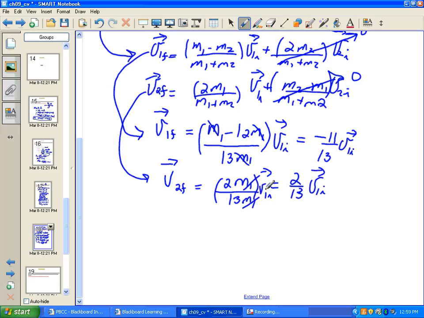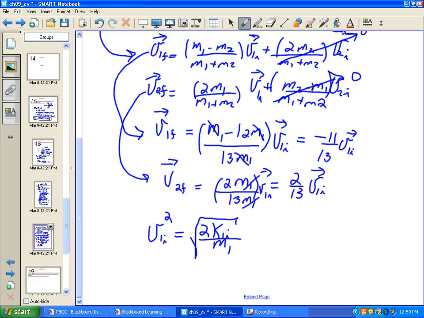Okay, now let's write some things down. So we've got v1 initial equals, well, let's keep it squared first. It's going to be 2 times K1 initial divided by M1.